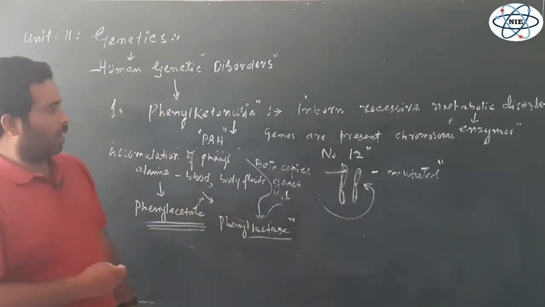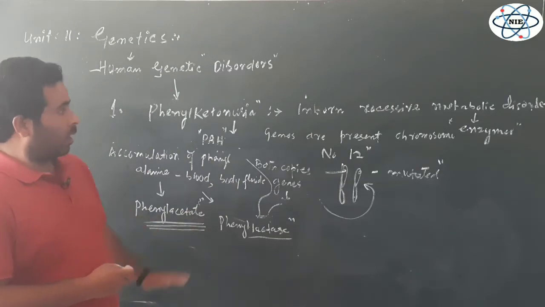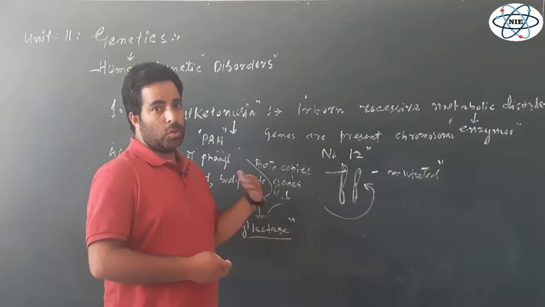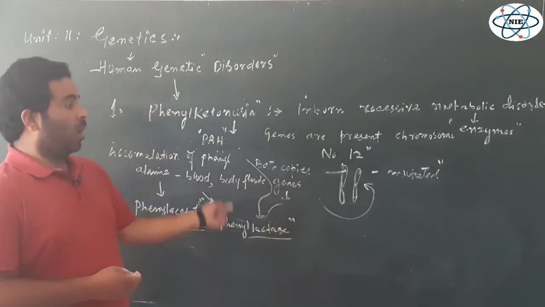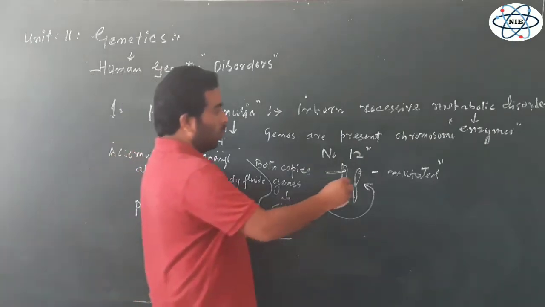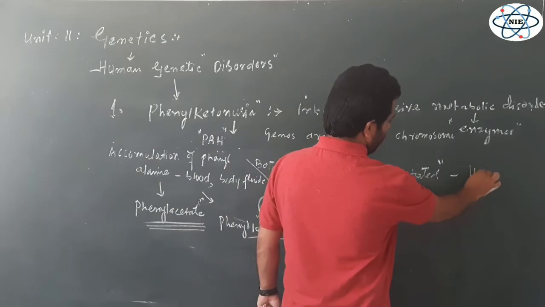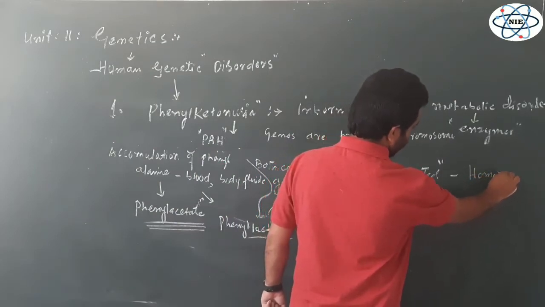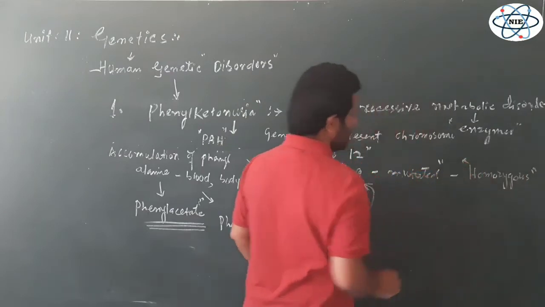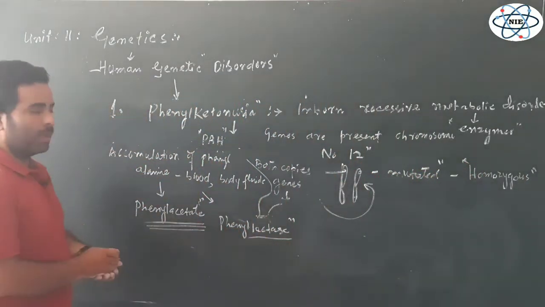So phenylketonuria will only show its symptoms and signs in the individual when both copies are mutated, that is, when it exists in the homozygous condition.